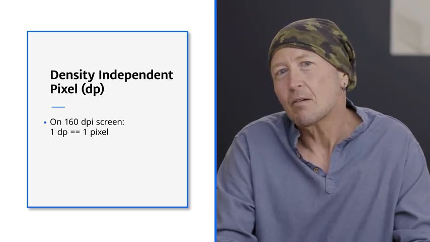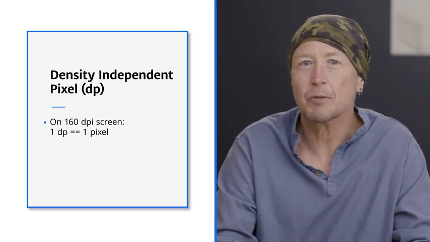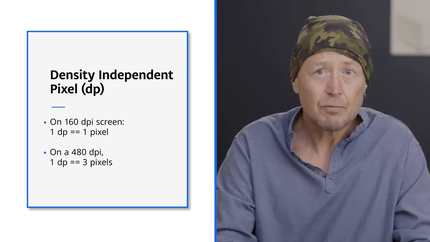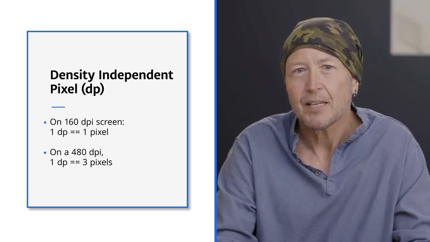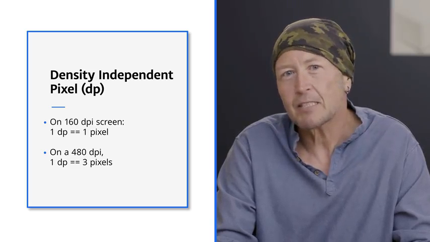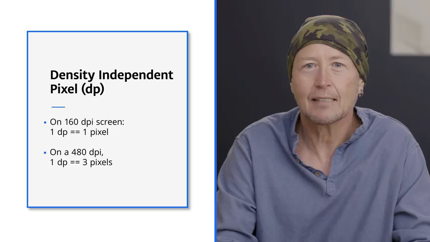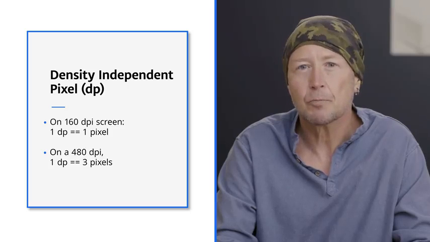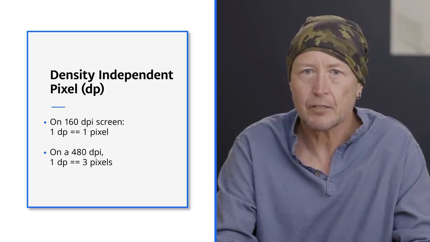For example, 1 dp is 1 pixel on a 160 dots per inch screen, but 3 pixels on a 480 dots per inch screen. So the cool thing about dp is that Android devices will automatically handle the conversion from dp to pixel values. Developers just have to use dp values to specify measurements in layouts.